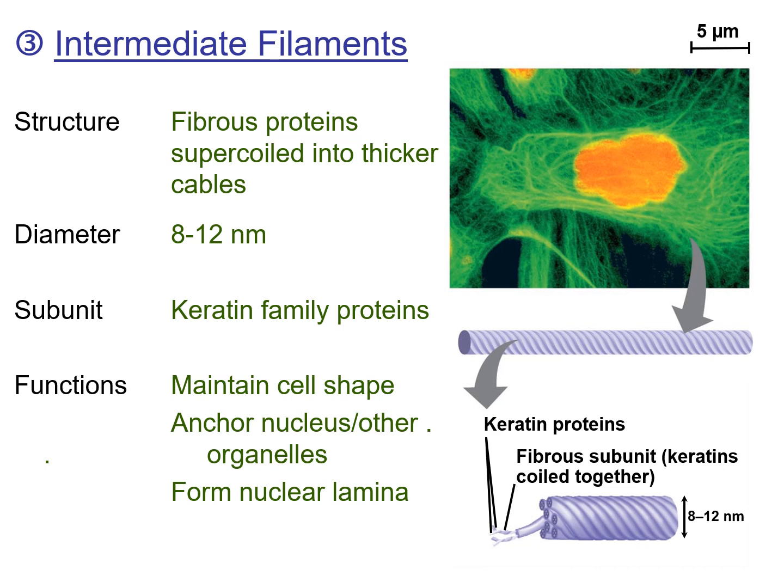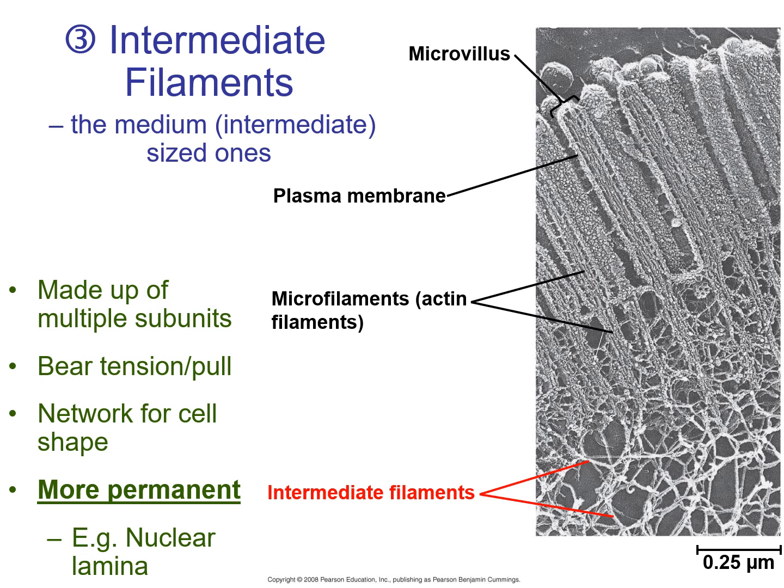But the intermediate filaments are longer lived. It takes longer for them to be torn down and rebuilt. Again, this image shows the intermediate filaments quite nicely. They're associated with the deep interior of the cell, but they connect to actin filaments that help support structures at the periphery.